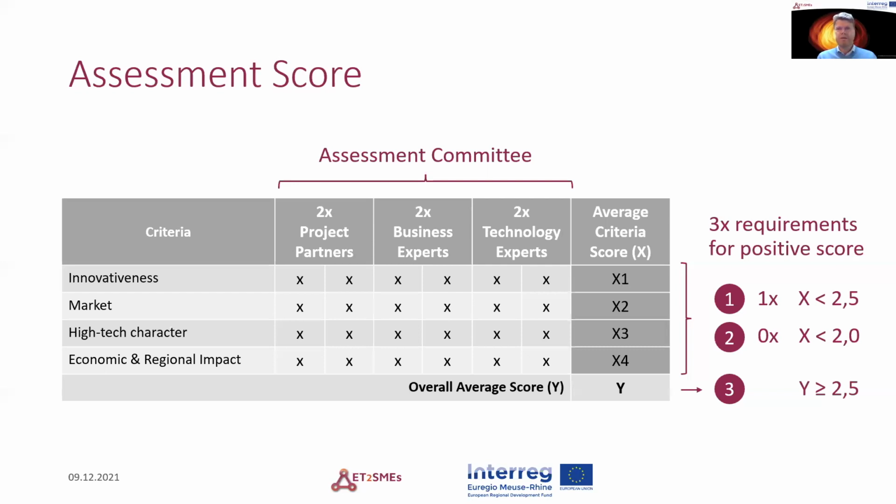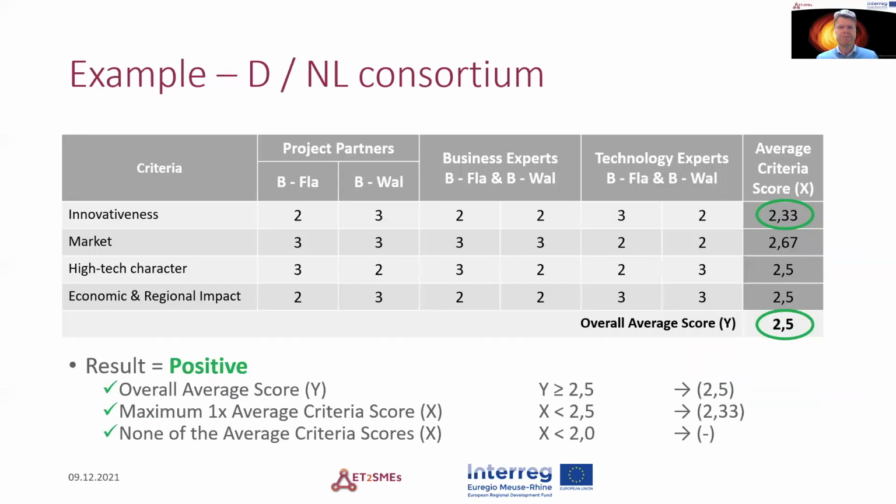There can be one which is lower than 2.5, but they all have to be above 2. And the third requirement is that the overall average score is at least 2.5. In that case, you will have a positive score.